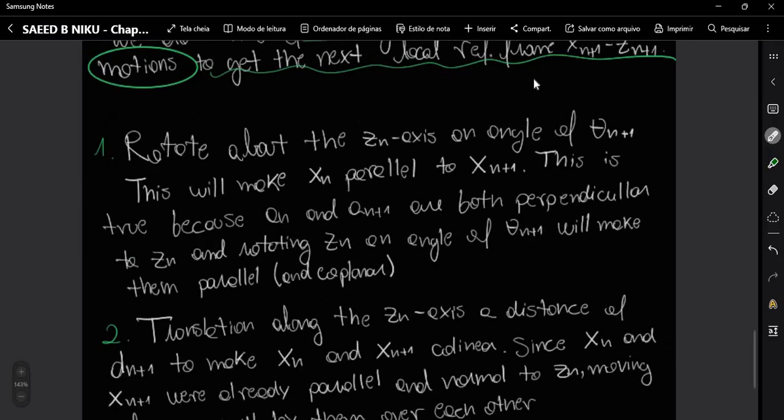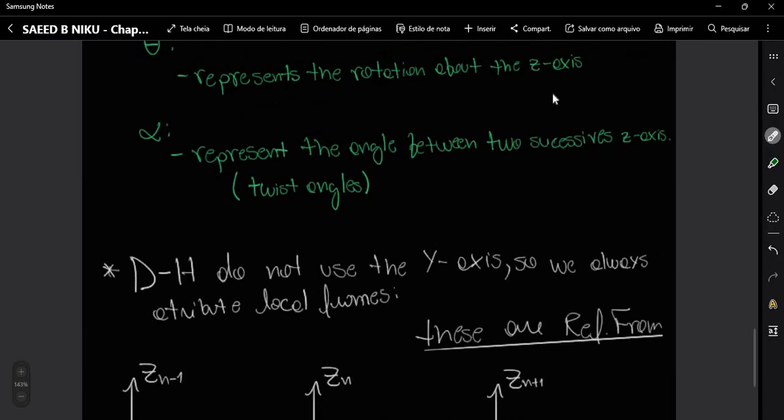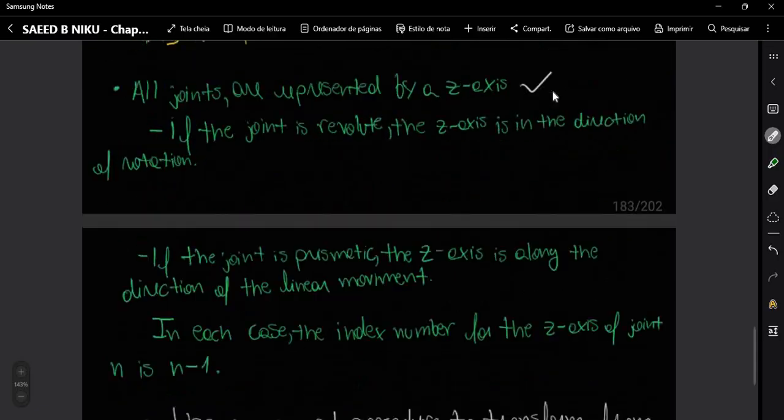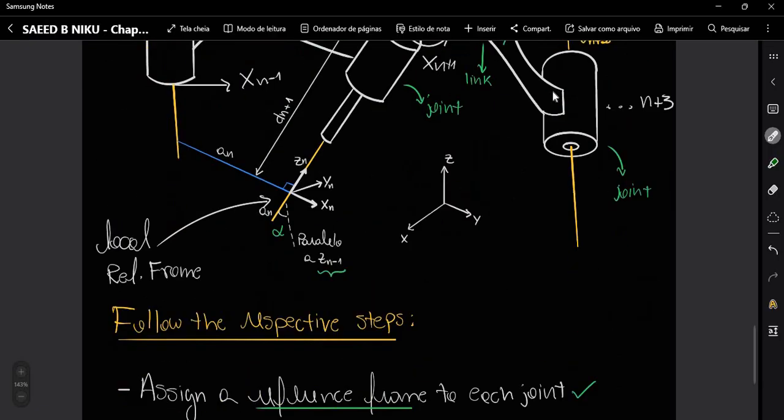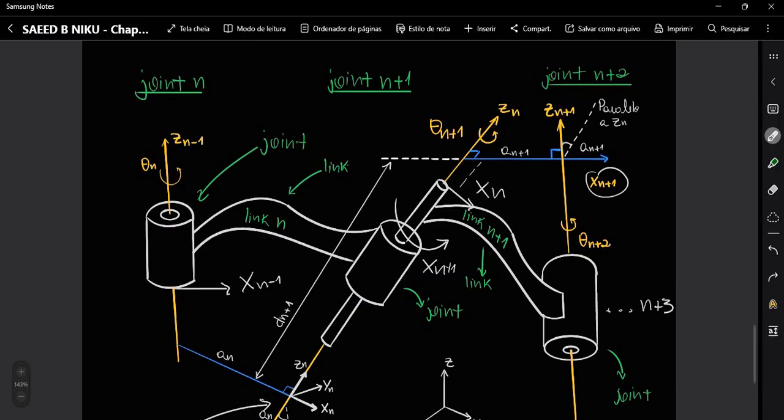Right here is an angle of alpha. We are on this local reference frame right here, and we are rotating with this angle alpha. And this way we will align this Zn axis with the Zn plus 1 axis.